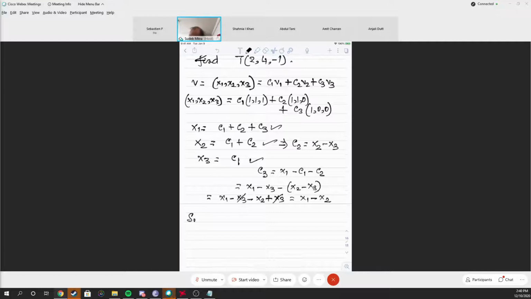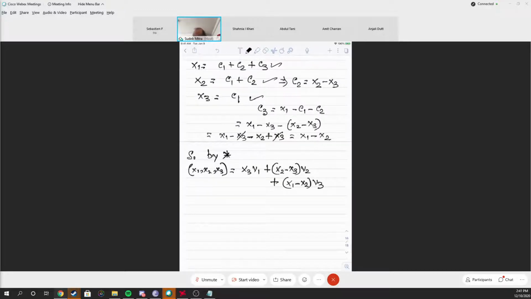So x1, x2, x3 is C1 V1 plus C2 V2 plus C3 V3. C1 is x3, C2 is x2 minus x3, and C3 is x1 minus x2.